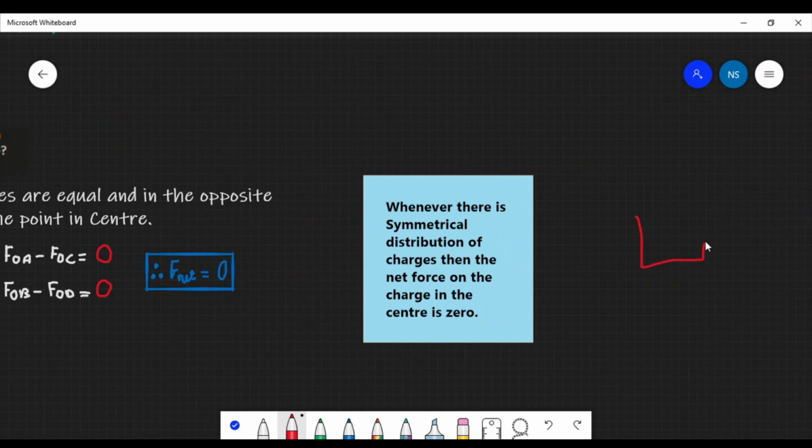Also we can take a problem like this, that there is a square and in the middle one charge is there and all these sides have the same magnitude of charges, then also the net force on this charge will be equal to 0 only. So the force net will be equal to 0.